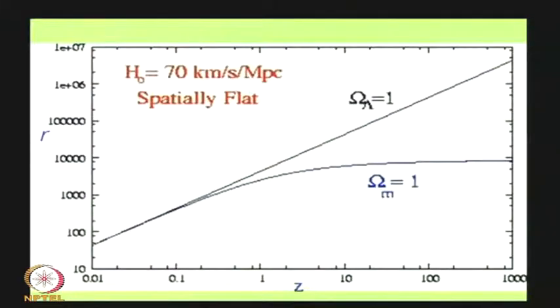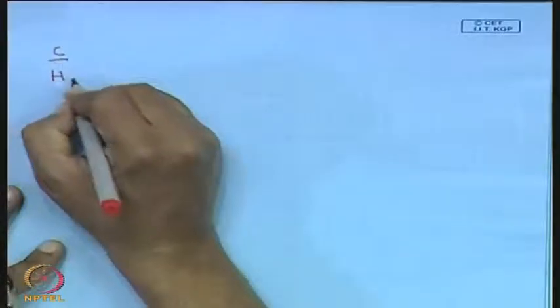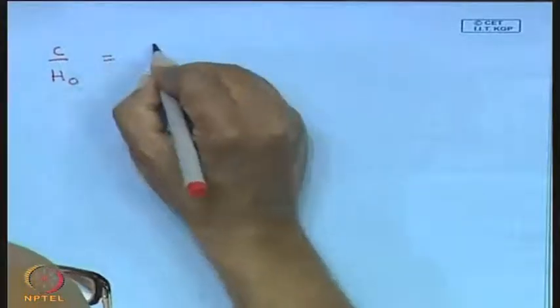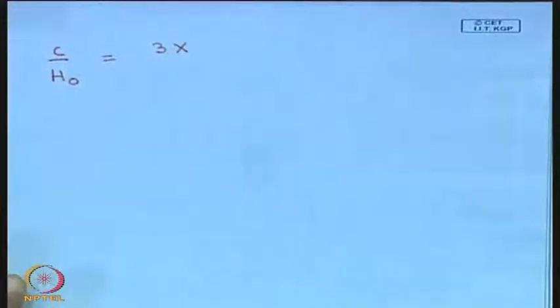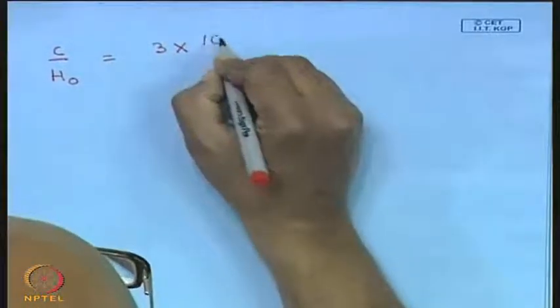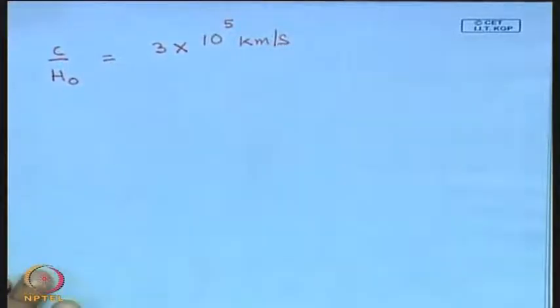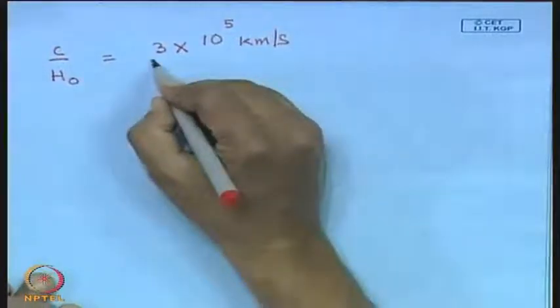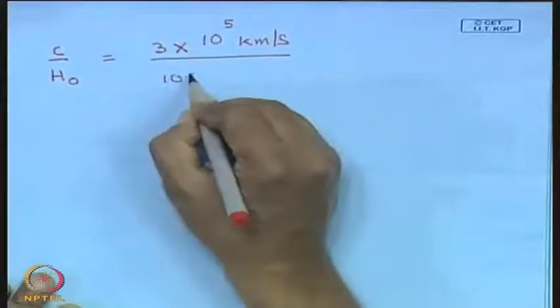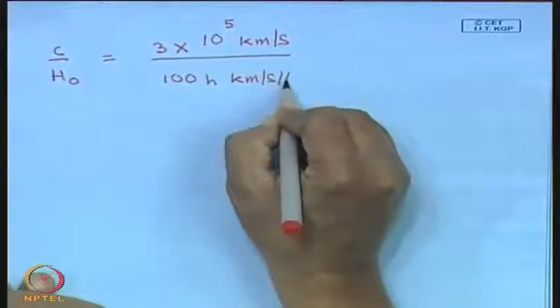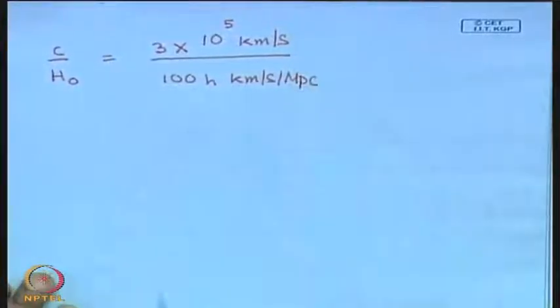So, the Hubble radius c by H naught is (3 into 10 to the power 8 meters per second), which we can write as 10 to the power 5 kilometers per second, that is the speed of light, divided by 100 h kilometers per second per Mpc.